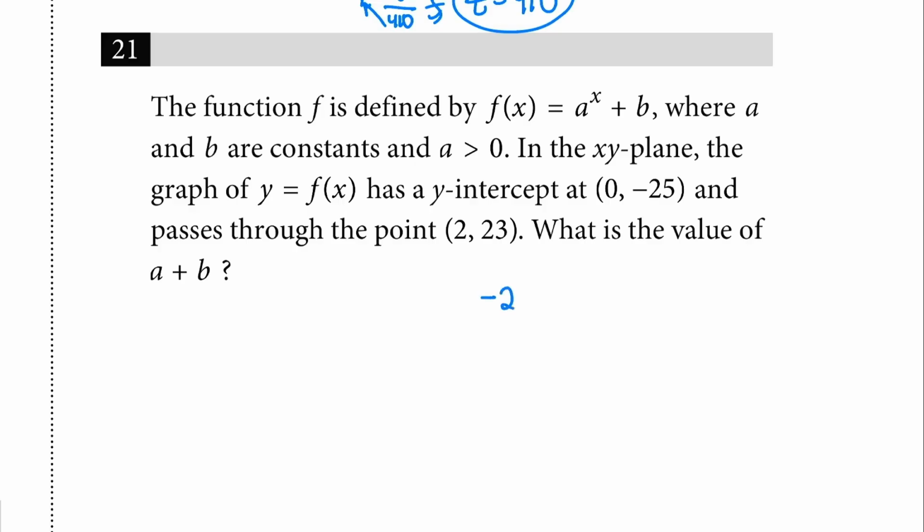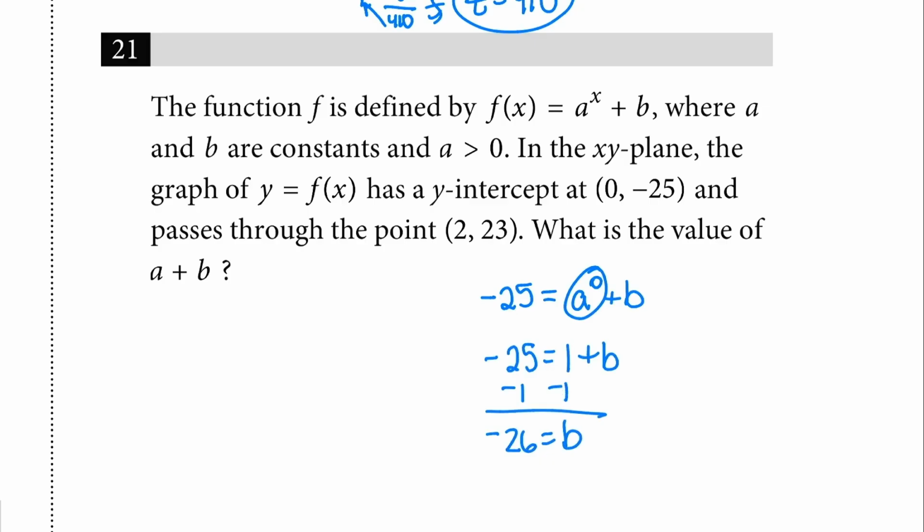So we would replace f of x with -25, and then we would replace x with 0. This would be a 1 here, so -25 equals 1 plus b, and minus 1, so -26 equals b. Now that we have b is -26, let's go ahead and plug that in.